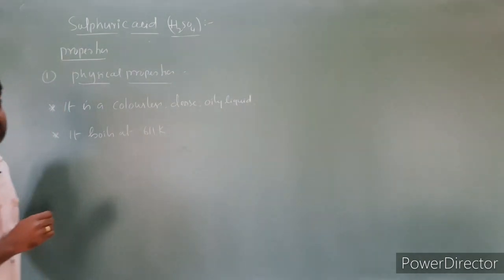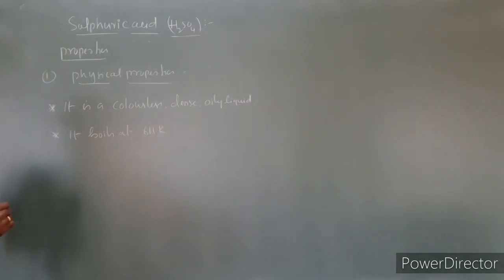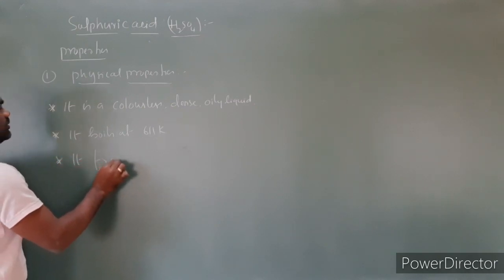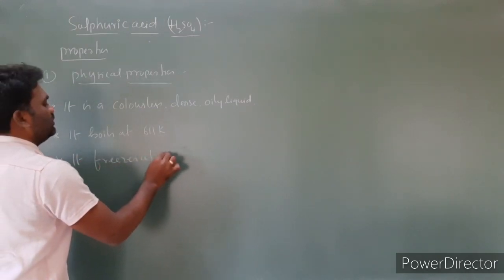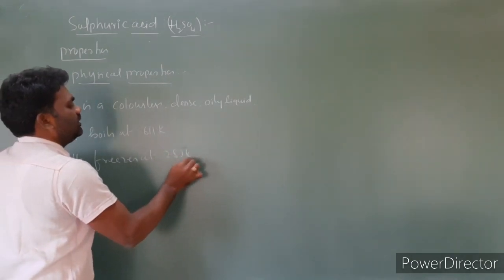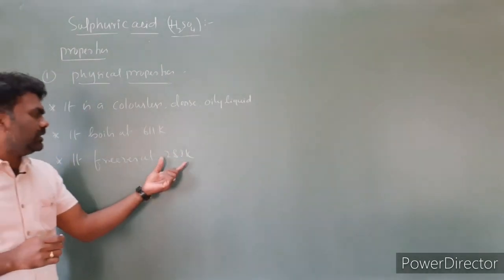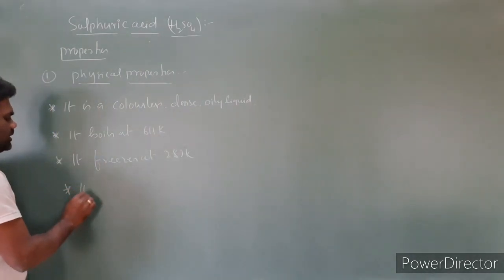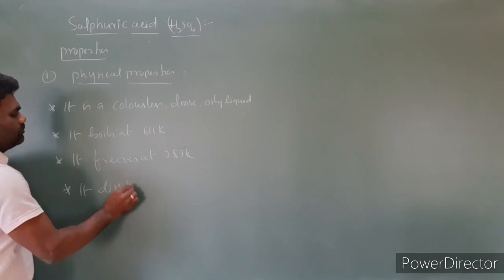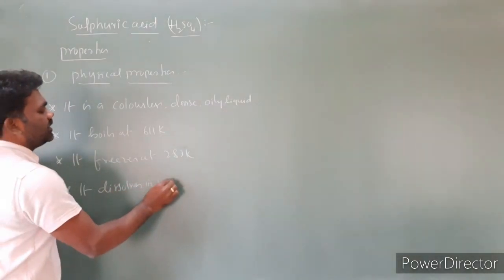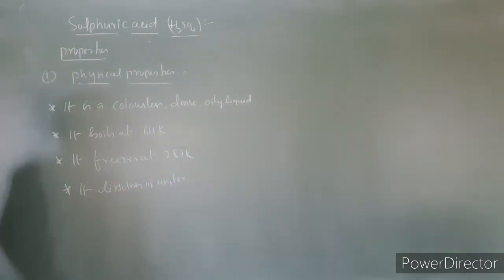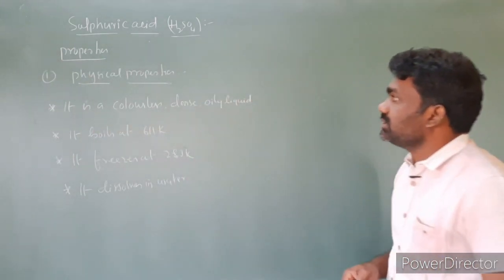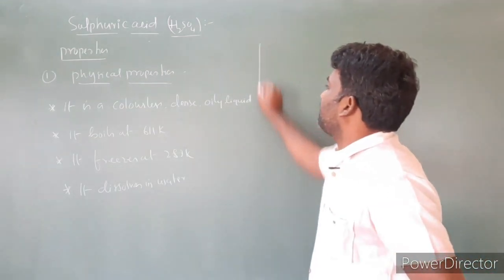Its boiling point is 611 Kelvin, and its freezing point is 283 Kelvin. It freezes at 283 Kelvin, and it dissolves in water. So these are some physical properties of sulfuric acid.